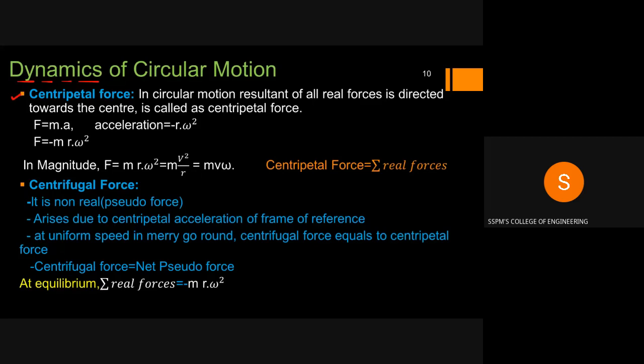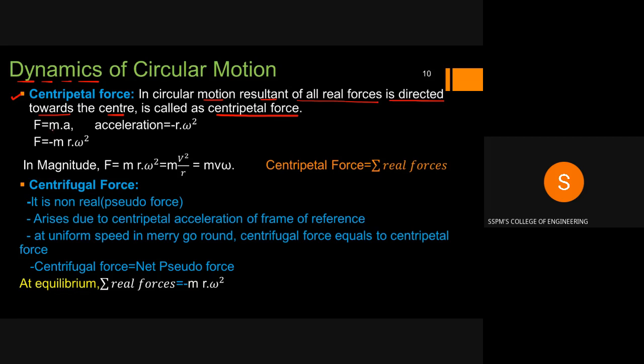First we have the centripetal force, which is responsible for the circular motion. In circular motion, the resultant of all real forces is directed towards the center, and this resultant force is called the centripetal force. So centripetal force is a real force.